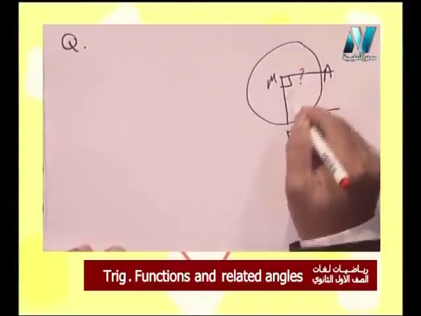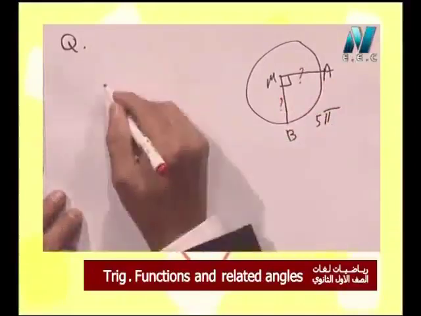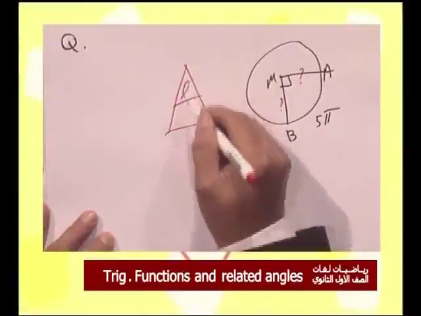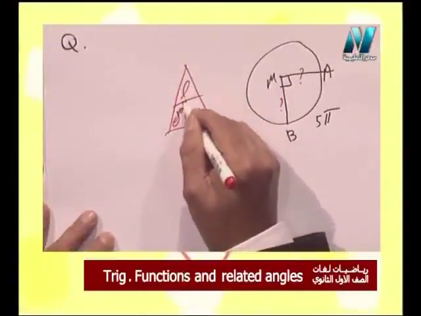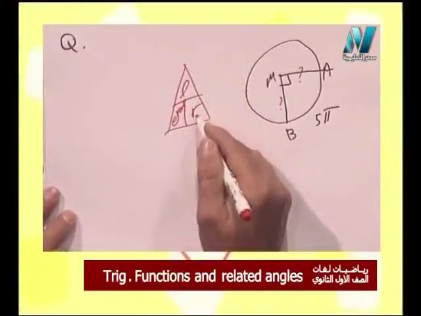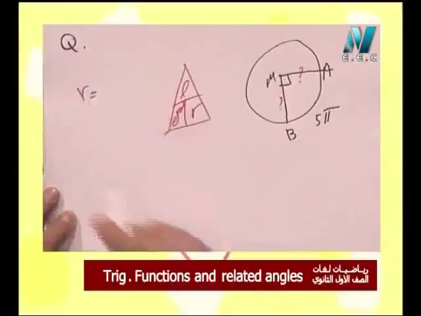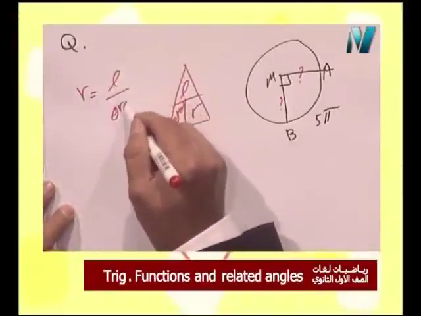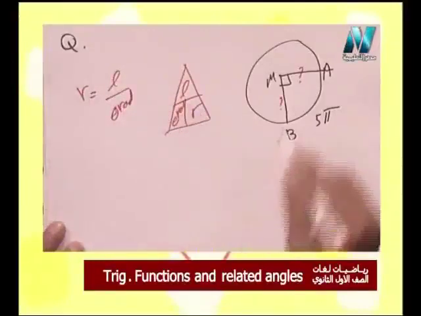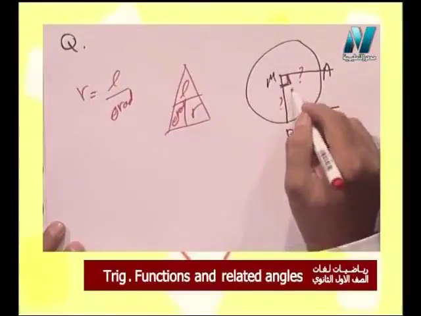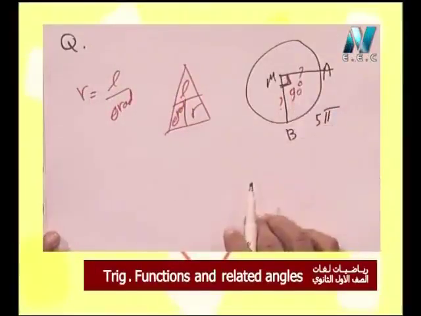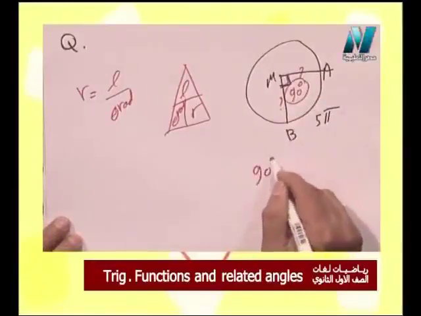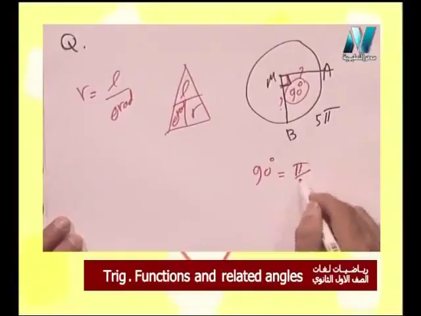We haven't the radius here. To find R, I remind you with the magic triangle again, L, theta rad, and R. If we'd like to find R, we divide L over theta rad. What is this angle? Its measure equals 90 degrees. Okay. What is 90 degrees in rad? 90 degrees in rad equals pi over 2.